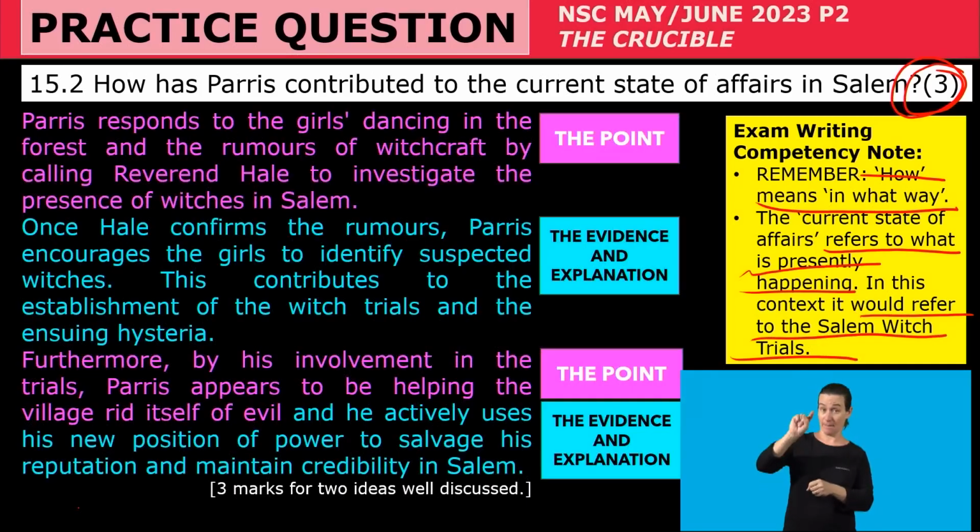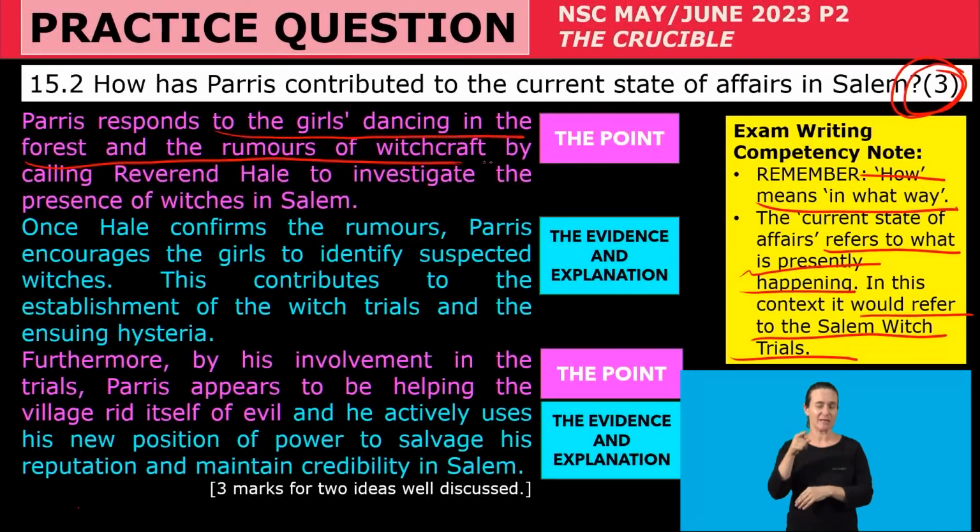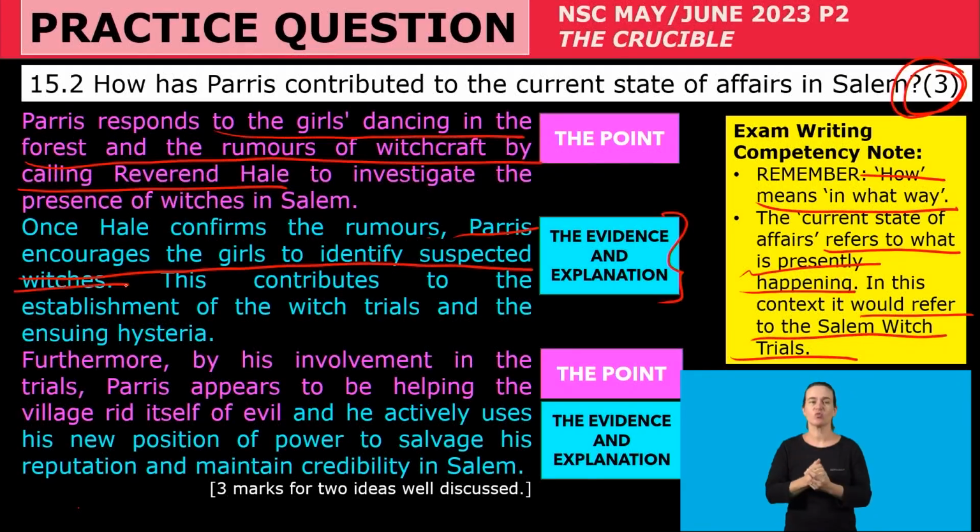The point. Parris responds to the girls dancing in the forest and the rumors of witchcraft by calling Reverend Hale to investigate the presence of witches in Salem. Evidence and the explanation. Once Hale confirms the rumors, Parris encourages the girls to identify suspected witches.